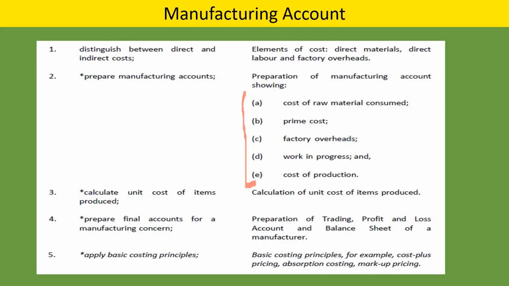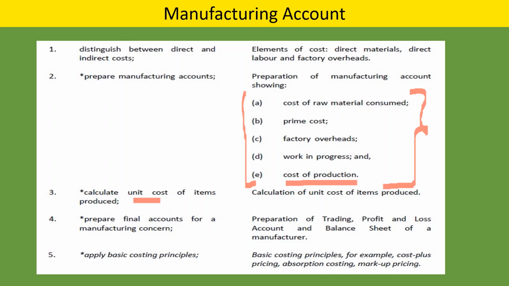You can use whatever format you want as long as you are able to label these figures correctly. Next, you have to be able to calculate the cost of items produced, the unit cost. You simply take the production cost that you got here and divide it by the number of units.